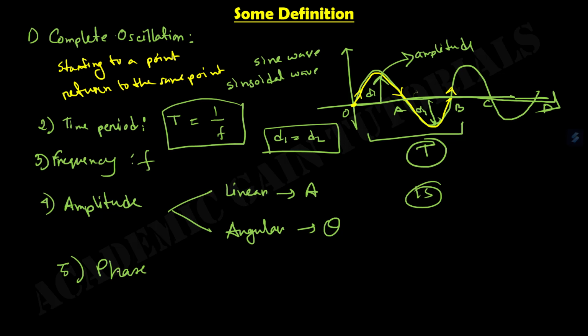What is phase? It is the state of motion of a vibrating particle. What is the state of motion? The state of motion of a vibrating particle at any instant is called its phase at that instant.